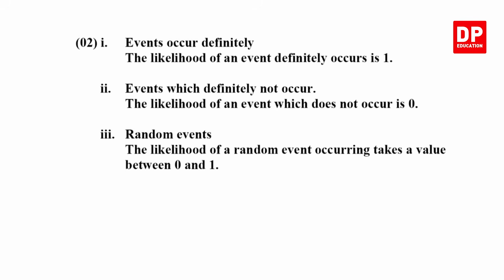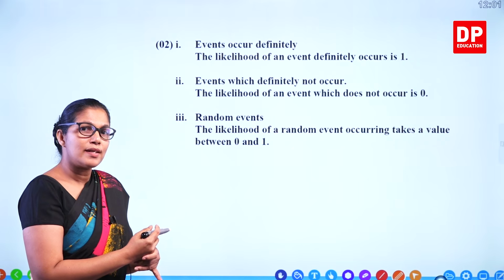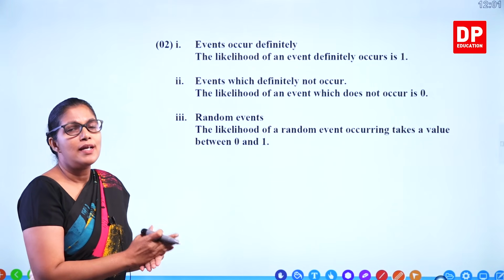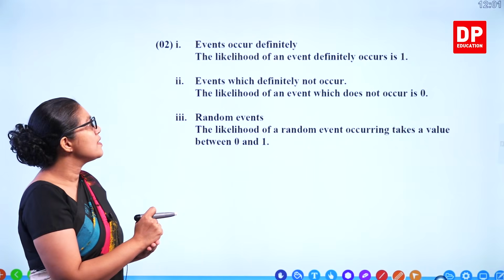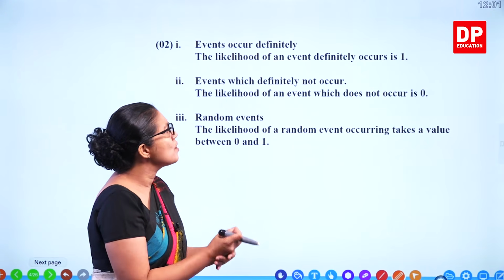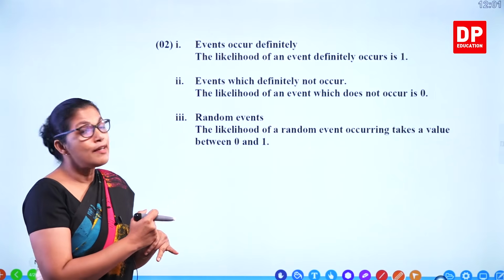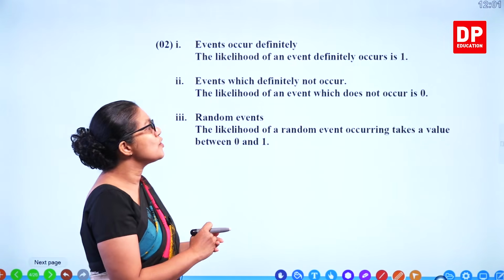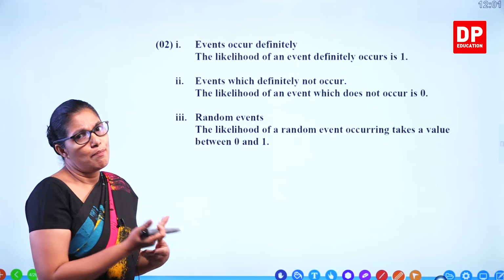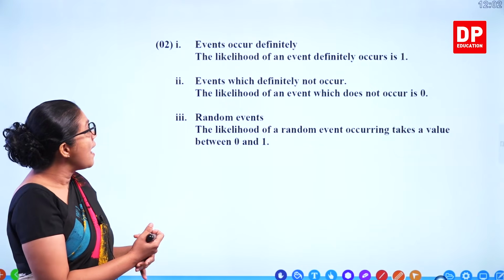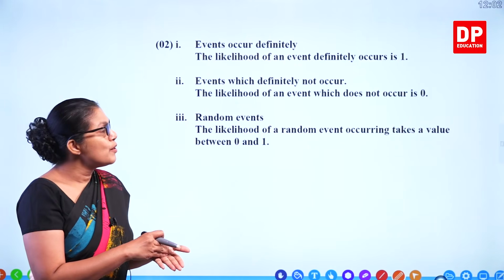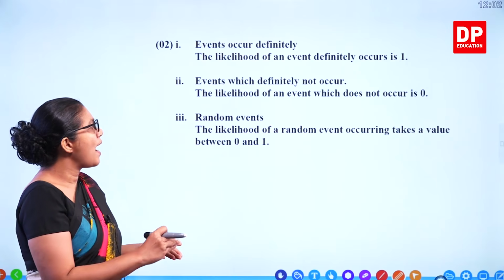For events that definitely occur, the likelihood is 1. So the chance of happening is 1. We are 100% sure it will happen. Events which definitely do not occur are impossible to happen, so the likelihood of such an event is 0. And when it comes to random events, you get a value in between 0 and 1.